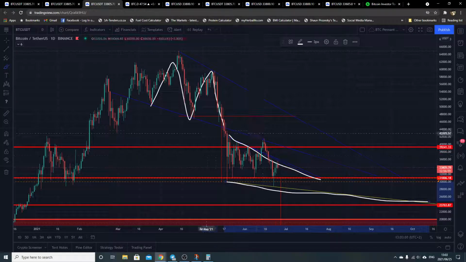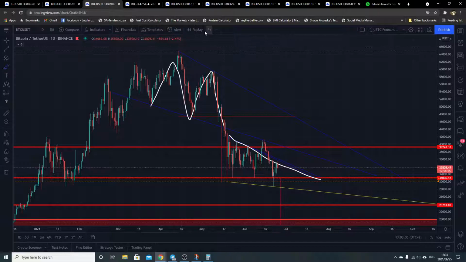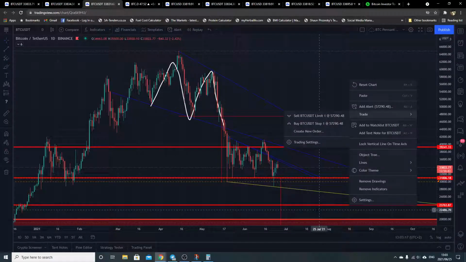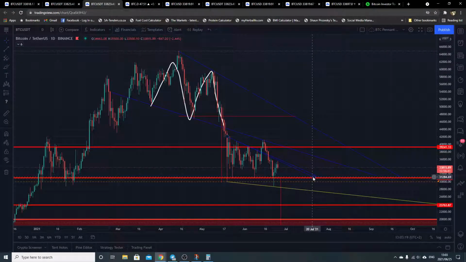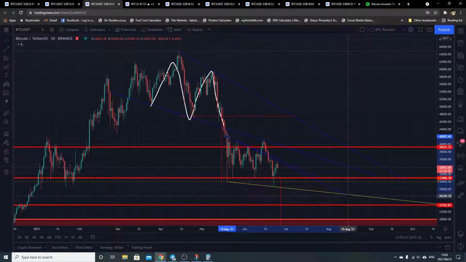Eventually, let me just continue these lines over here. Let's take this one where it actually broke down from, and see where they meet up. So we just extend it slightly there.